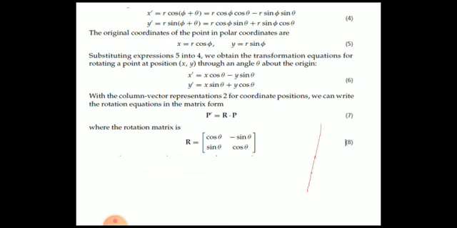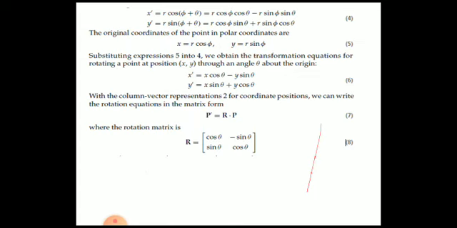Hypotenuse is r, opposite is y dash. So y dash is equal to r into sine of the total angle, which is theta plus phi. So y dash is equal to r into sine of theta plus phi. All we have done is extended this equation using the formula for sine of theta 1 plus theta 2. So that makes it r cos phi into sine theta plus r sine phi into cos theta.